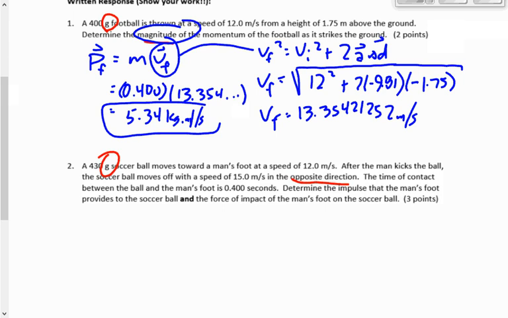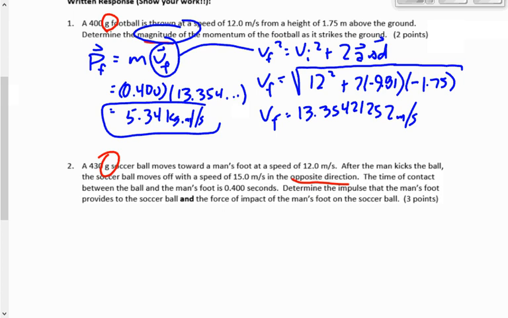Why is that important? Some of you made this mistake as I was marking your lab or your assignments. If it's the opposite direction, one of these must be positive and one of these must be negative. And it doesn't matter which one is which, as long as they're opposite signs, opposite directions, opposite signs.